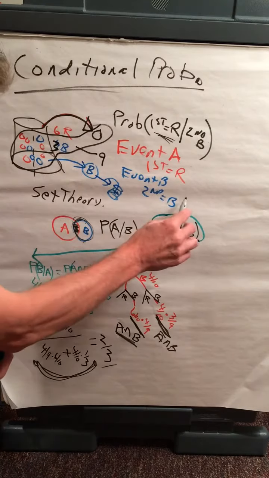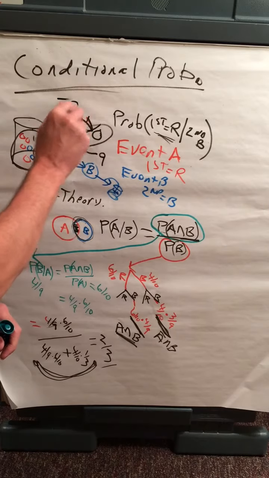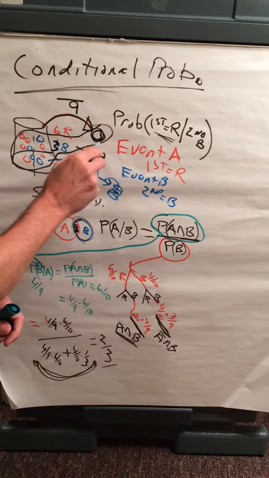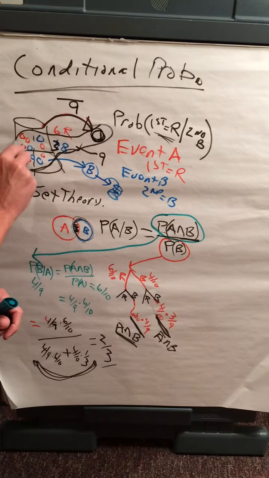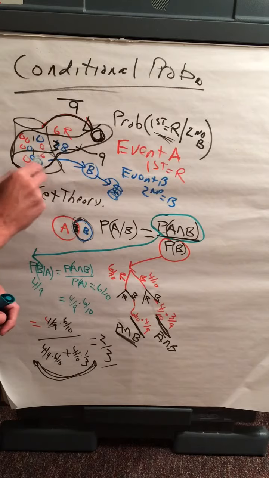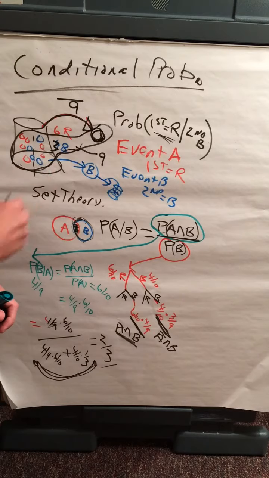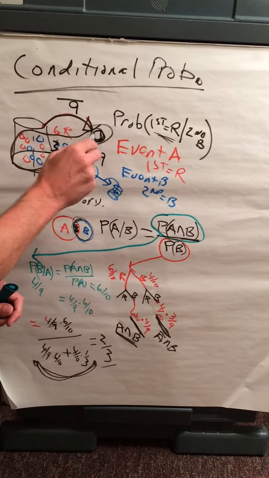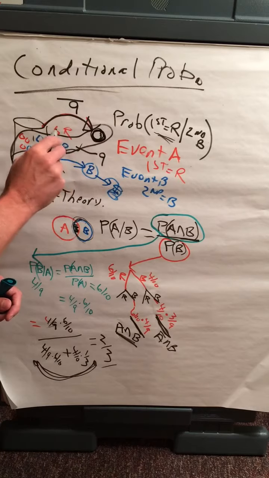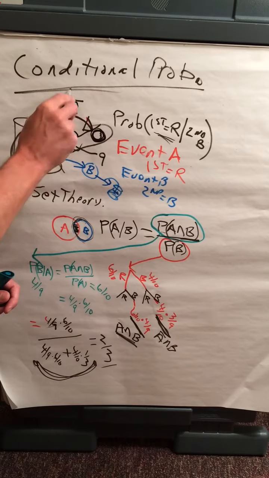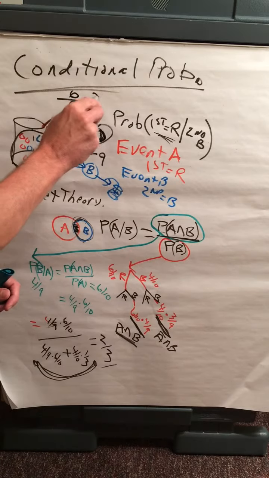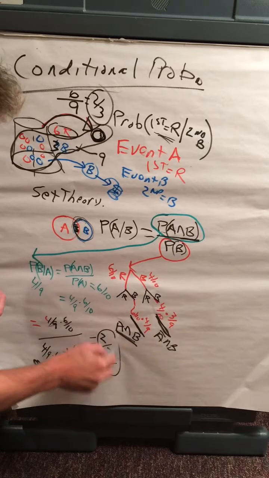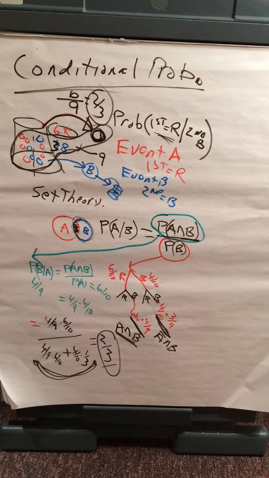We want to know the probability that the one sitting all by itself, out of the box, out of the trash, out of the bucket, is red. Well, there are 6 of them here, so it's 6 over 9, which is 2/3. So 2/3, 2/3. We get the same answer.